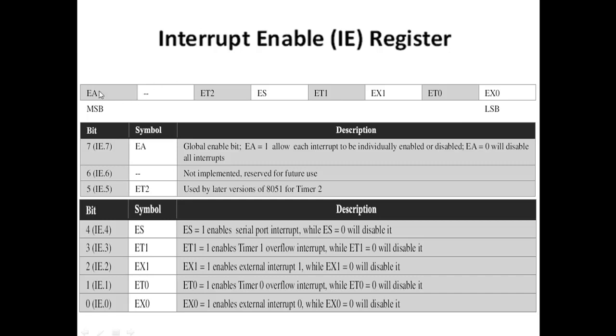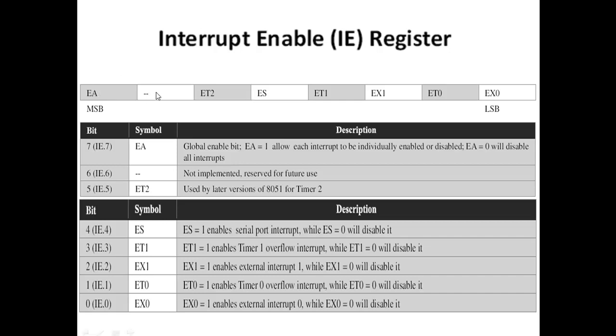Getting my point? If this bit is 0, all interrupts are disabled. If you want the functionality of interrupts, you first have to enable the EA bit, and after that, whichever interrupt you want enabled, you make the corresponding bit 1, and if you want it disabled, make that corresponding bit 0, right?